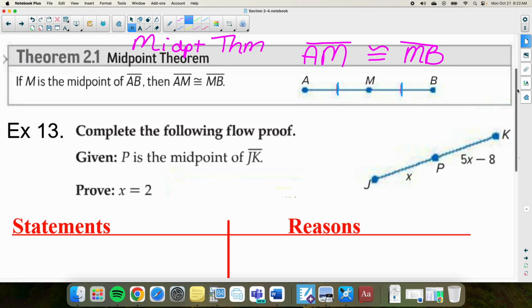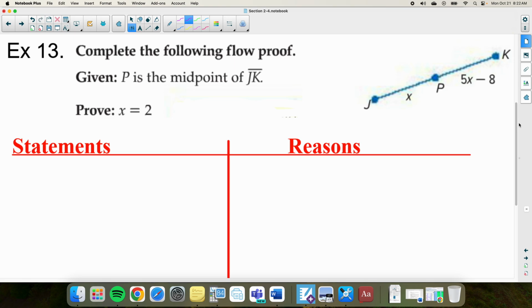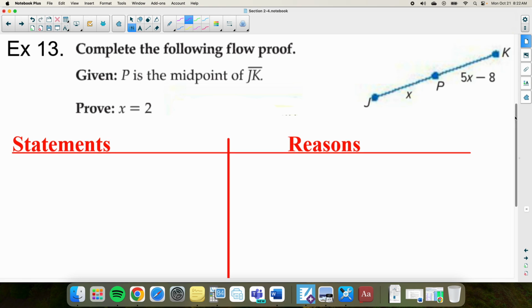So now, if I look down at this next proof, this is like a combination geometry proof and algebra proof. Starts out as geometry, and then it changes into an algebra proof.